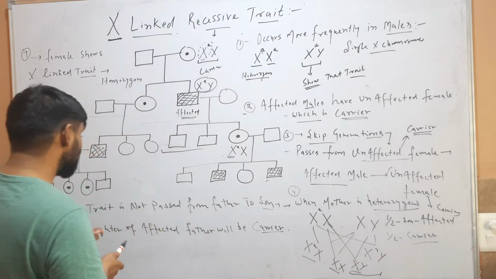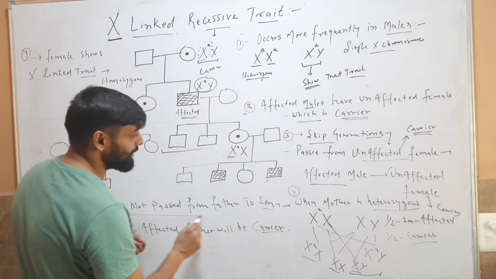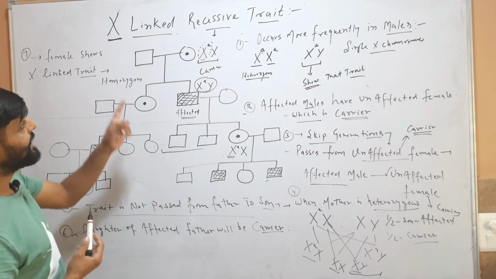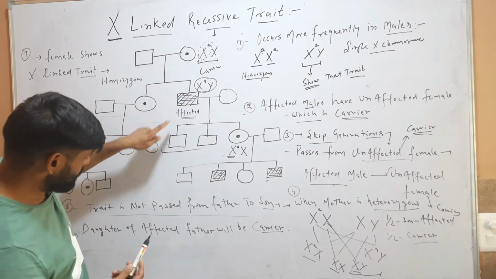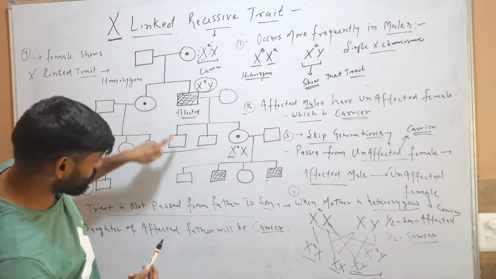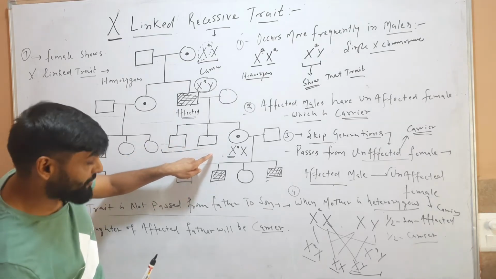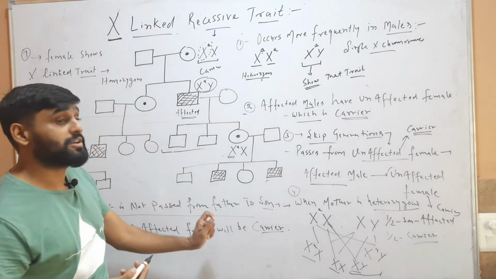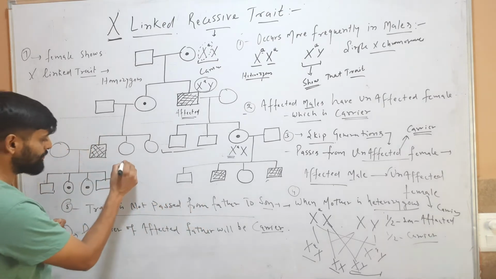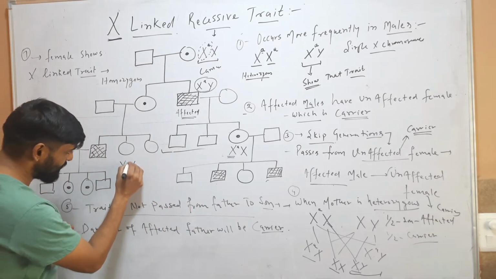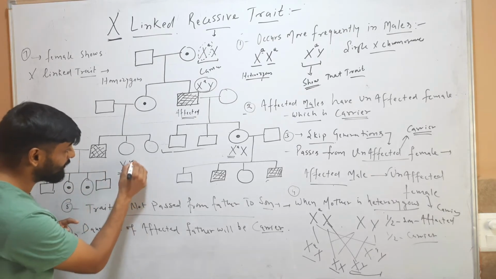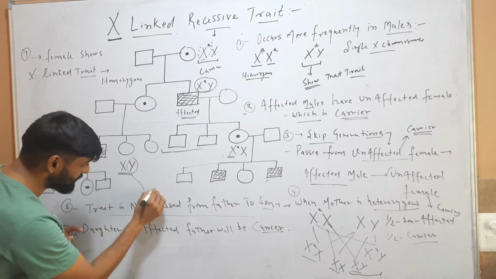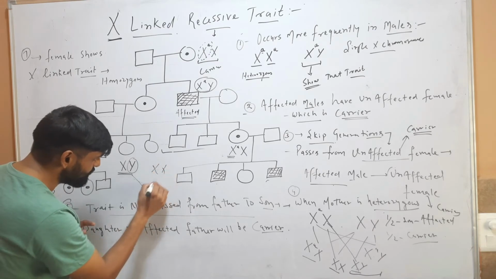Coming to the next, the trait is not passed from father to son. Here in this case, you can see that the father is affected, but none of the two sons is affected. So the trait never passes from father to son. Why is it not passed? Because the father has XY, and the son gets Y from the father and X from the mother.